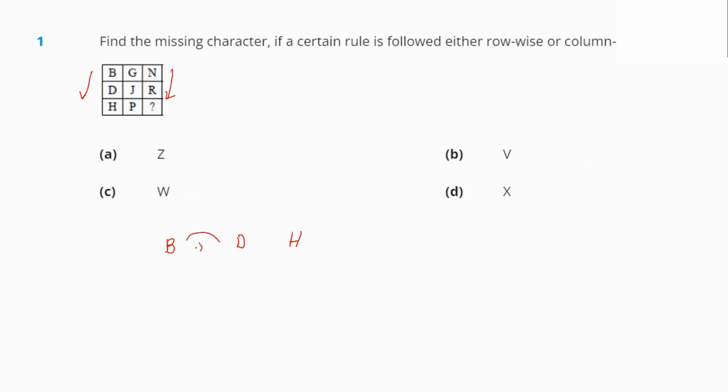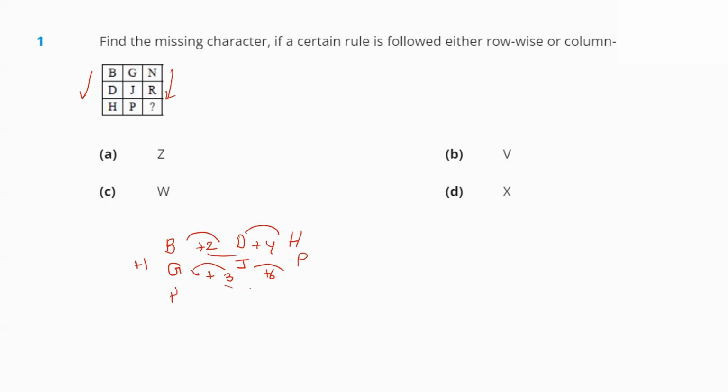B plus D is plus 2. This is plus 4. The other is G, J, P. This is plus 3, J, and this is plus 6. So you can see that this is double of this. This is double of this plus 1 number addition.